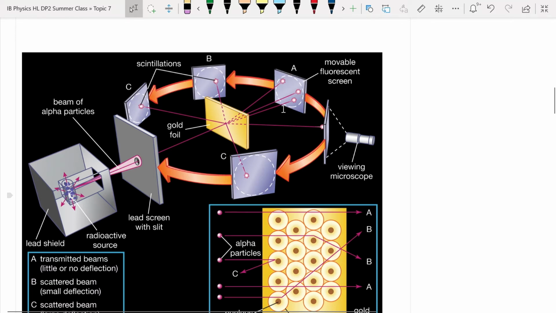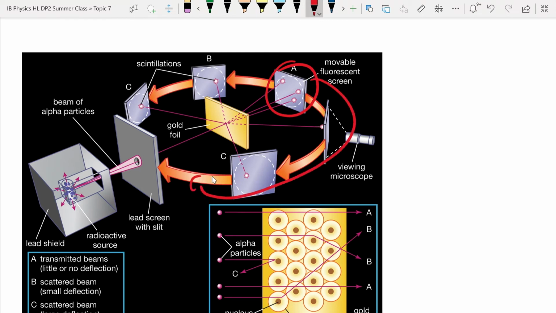When they did this, first here, where they thought most of the alpha particles would hit, as predicted, a lot of the alpha particles hit here. But as you moved around, there were still particles being detected at other angles, right?